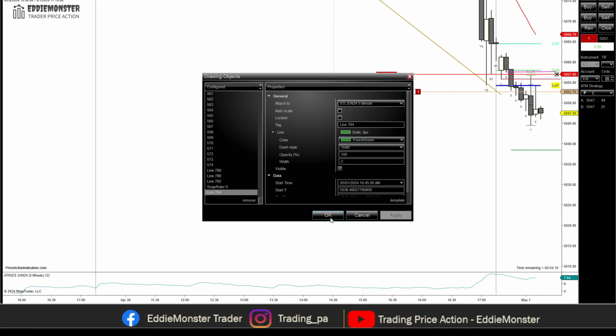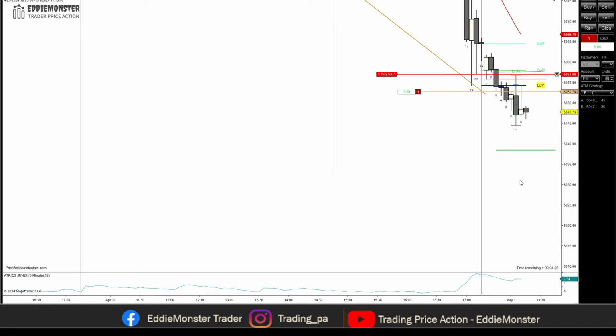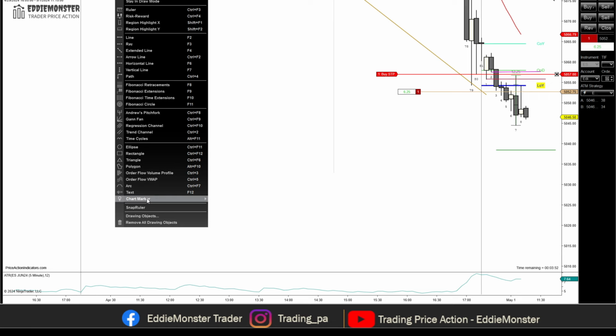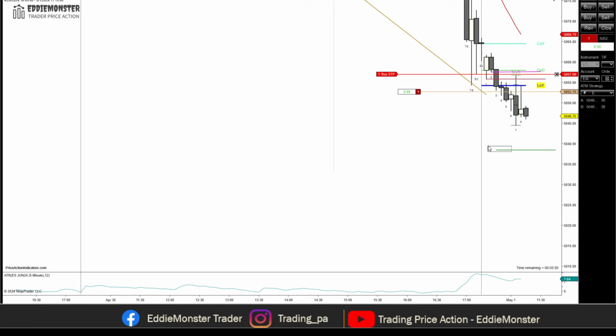We're gonna get there, I think. If we don't get this target, it means that we will have a reversal. Leg 1, this 2, equal to leg 2.